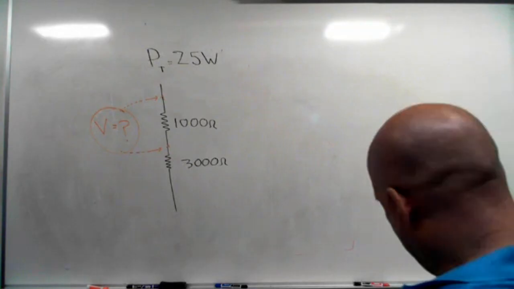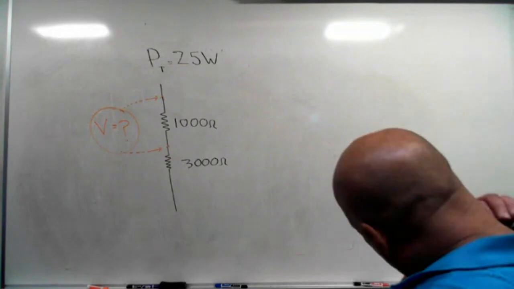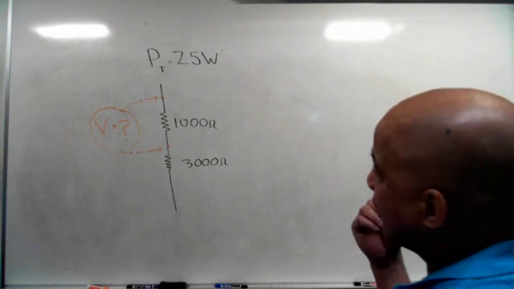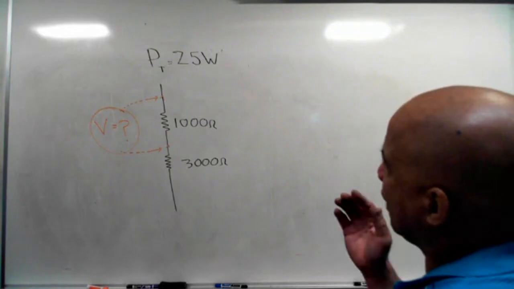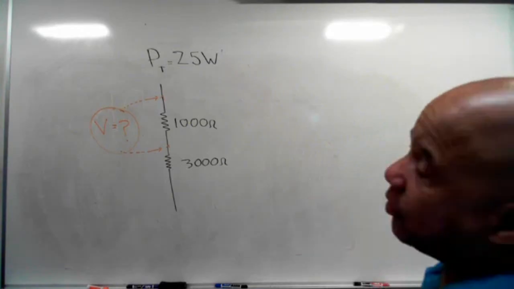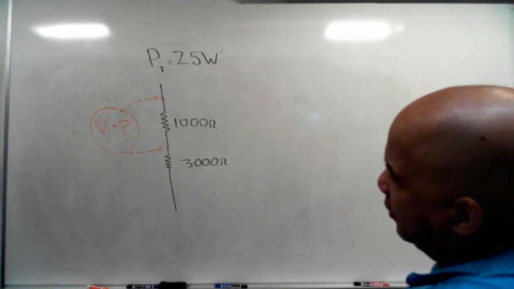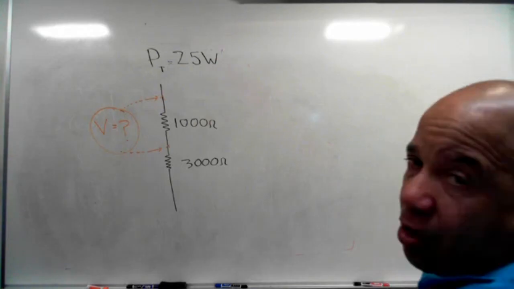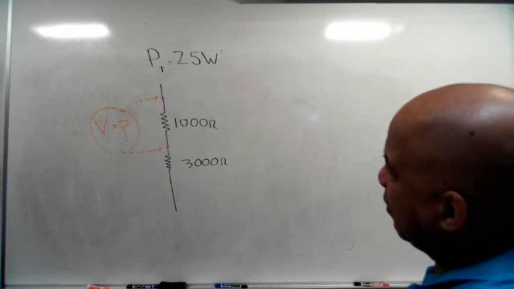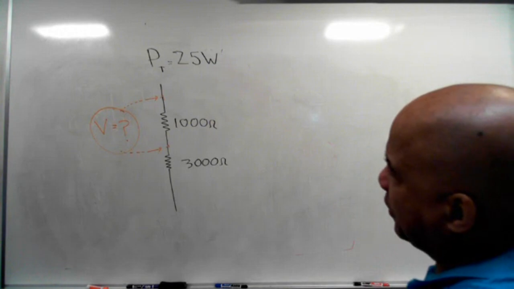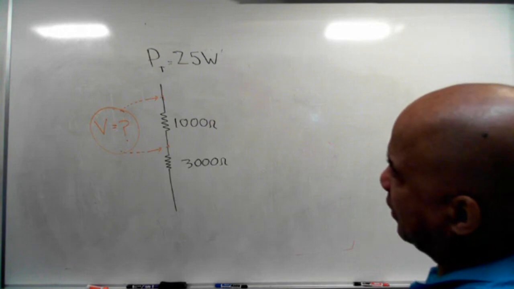Now we'll give you one hint if you didn't solve it already. There's several things you can go after here to help you solve the problem. There's always more than one way to do it. But what I usually try to do is find the current. And the reason I try to find the current when I have a series circuit is because the current is the same everywhere.